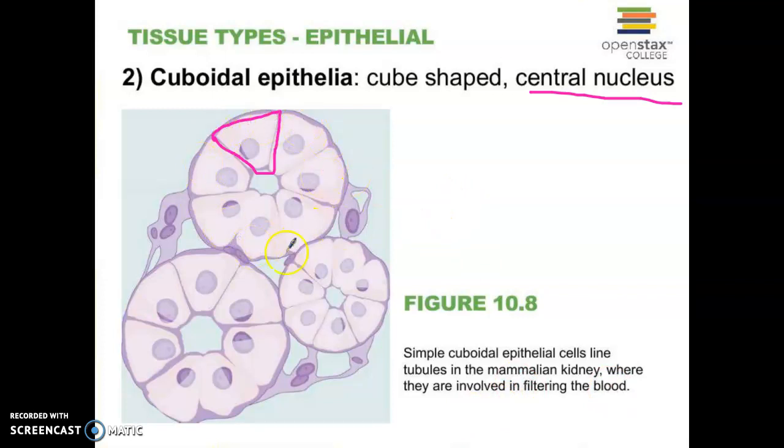So this is like a small tubule that we would find in there, and look at how these line the inside of this tubule, right? If this is the tubule, completely lined on the inside with those cuboidal epithelial. So obviously these would be important in maintaining that structure and filtering the blood.